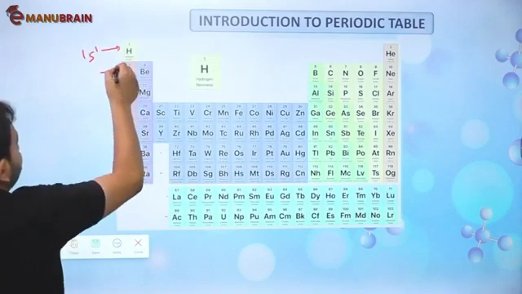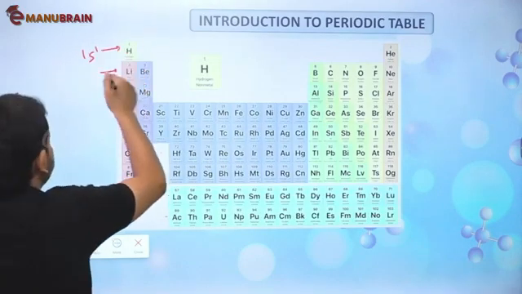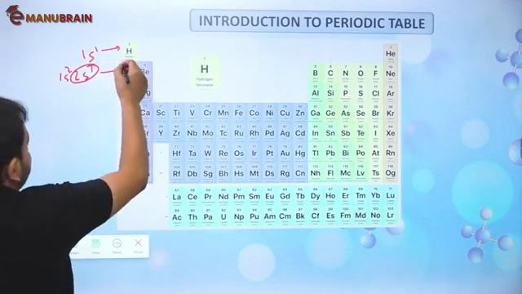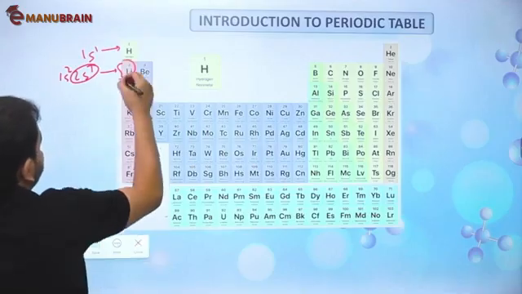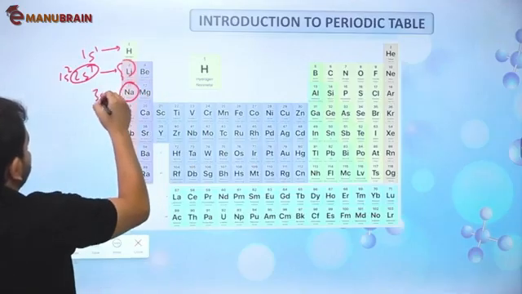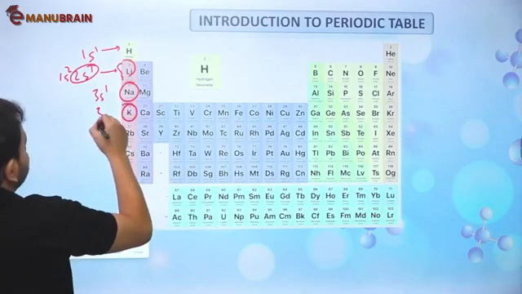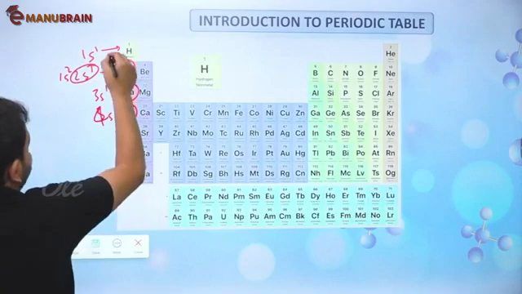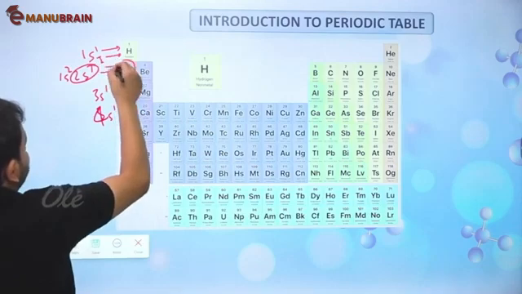Then 1s2 2s1 is lithium. Similarly, sodium is 3s1, potassium is 4s1, then 5s1. So this is the first period, this is the second period.